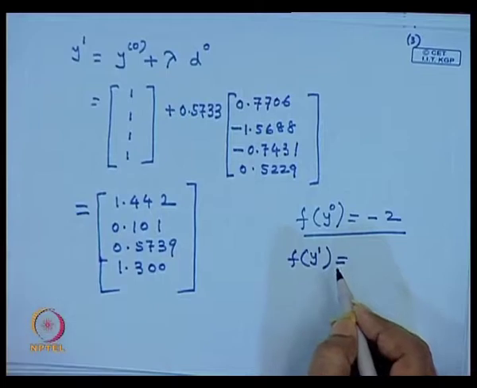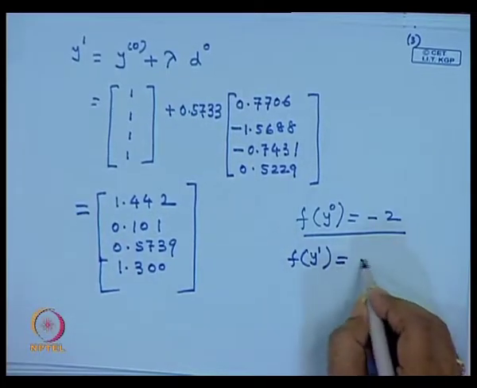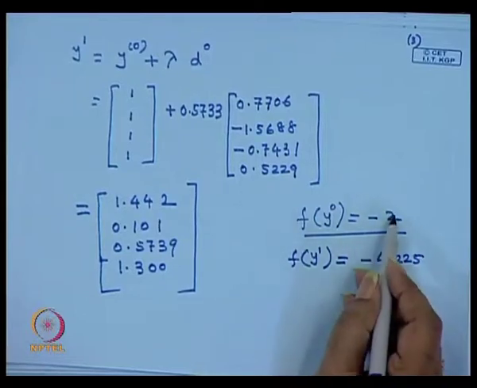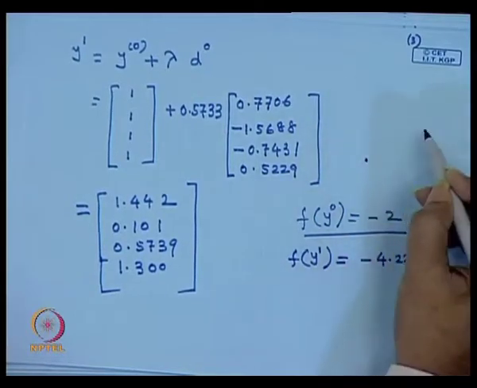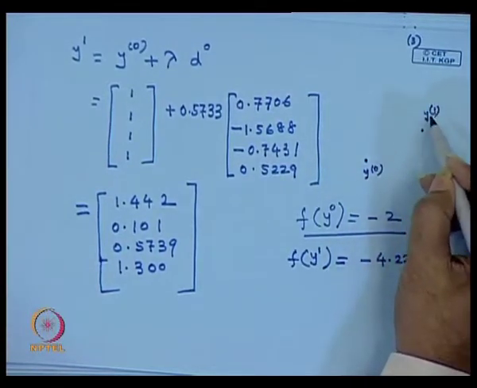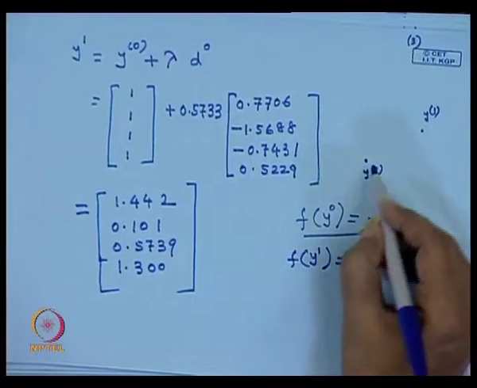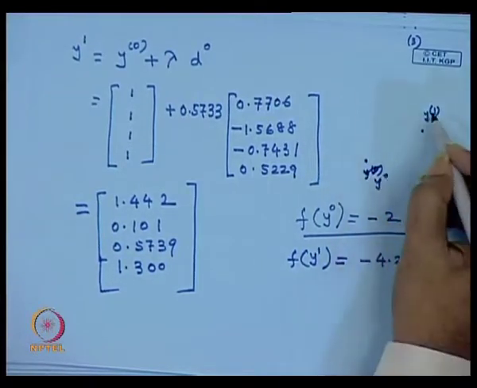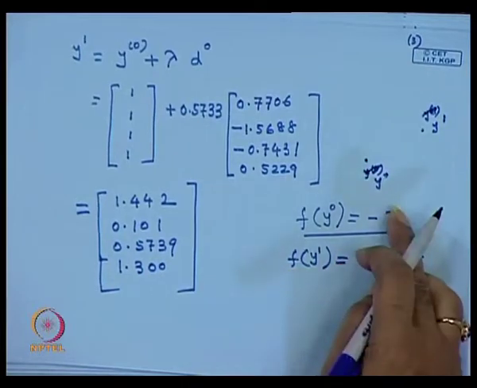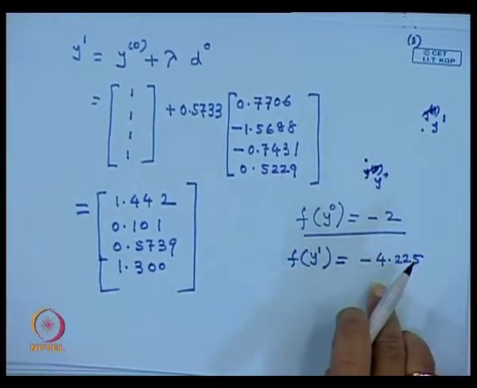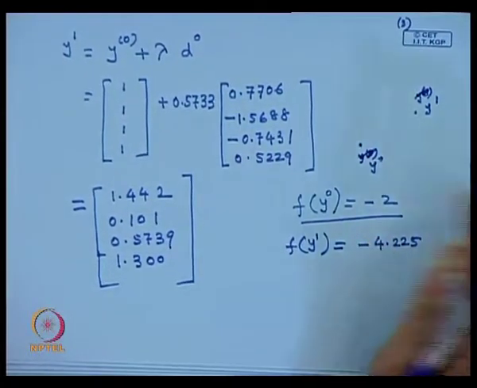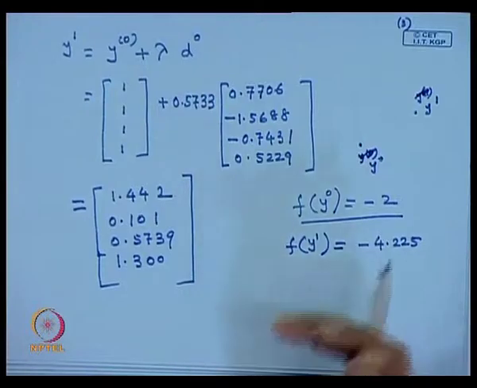That value you will get is minus 4.225, and you see from this point to this point you have moved in the proper direction. Sorry, we have written y superscript 0, and this is y superscript 1, and the function value is reduced from minus 2 to minus 4.225. Agree? But once again I have to go back to our original problem.